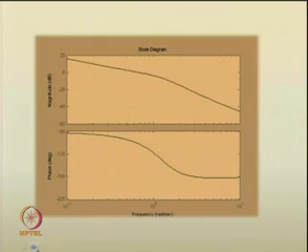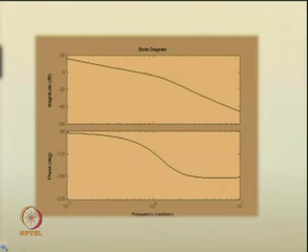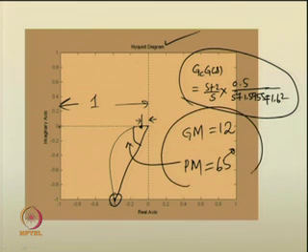What are those values? Let us see. Using the analysis, one can obtain those values: a gain margin of 12 in absolute value terms and a phase margin of some 65 degrees.